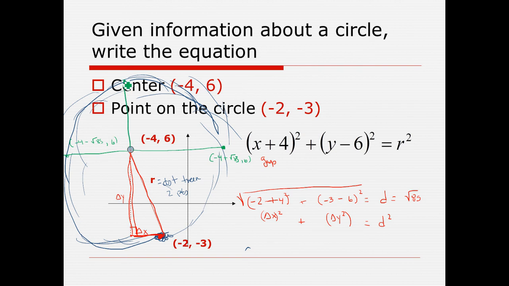The point at the top would be -4, comma 6 plus the radius.